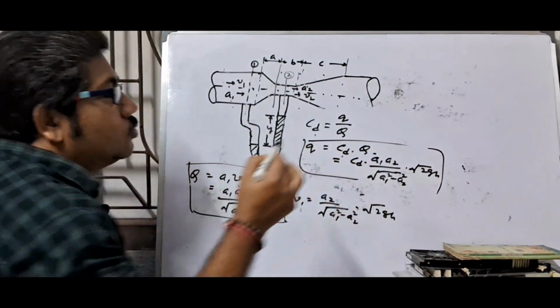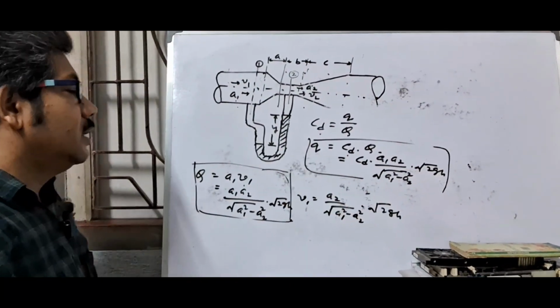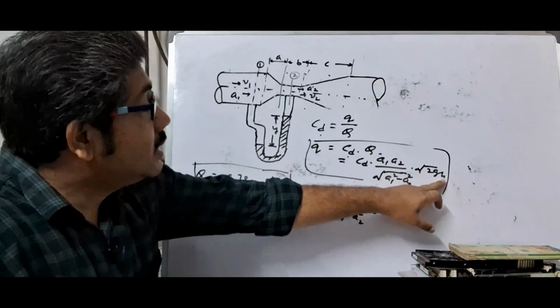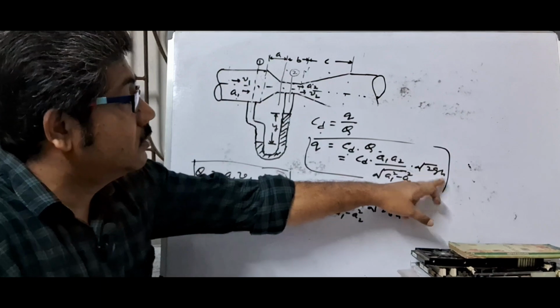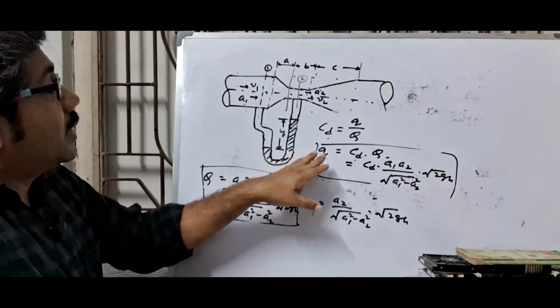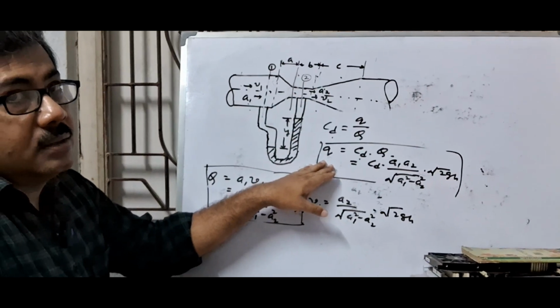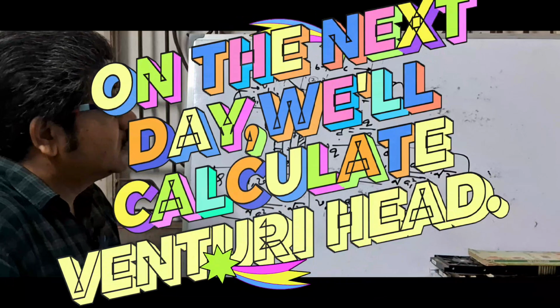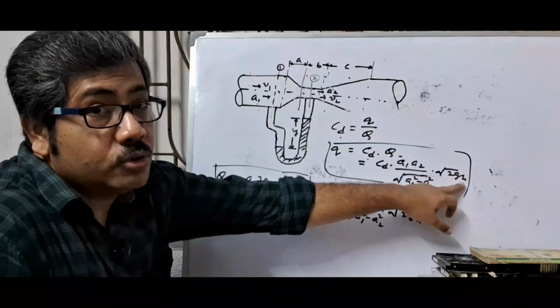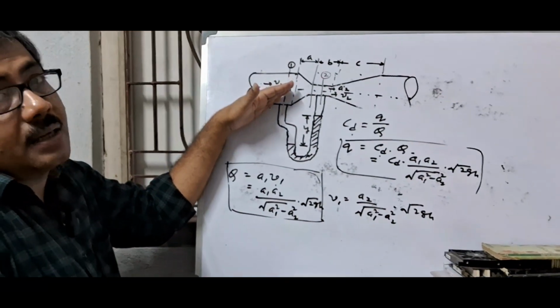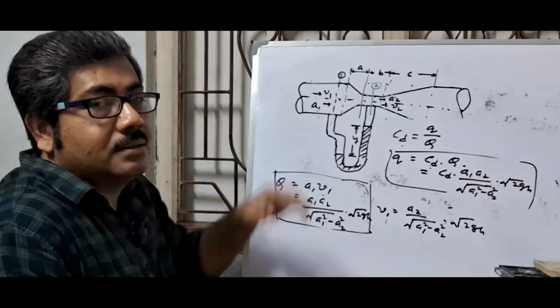This is actual discharge, which is measured by the Venturimeter. Here H is Venturi head. In this way we deduce the value of actual discharge. On the next day we will calculate the value of Venturi head in horizontal Venturimeter and inclined Venturimeter. Thank you.